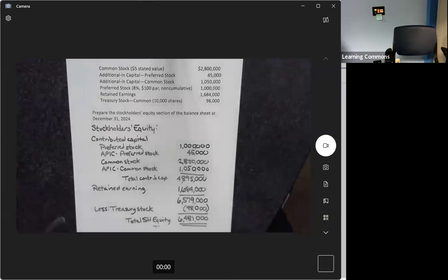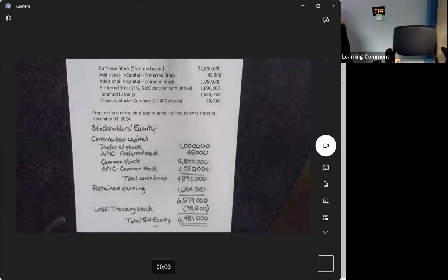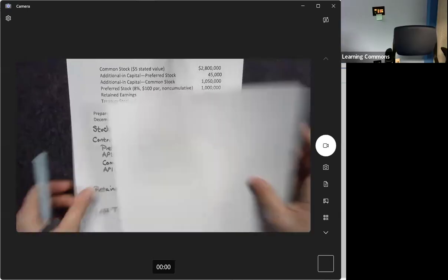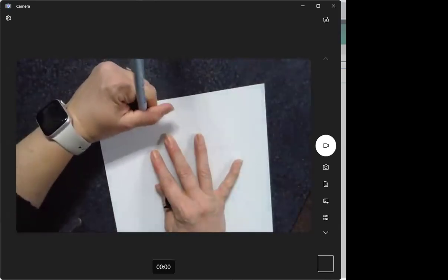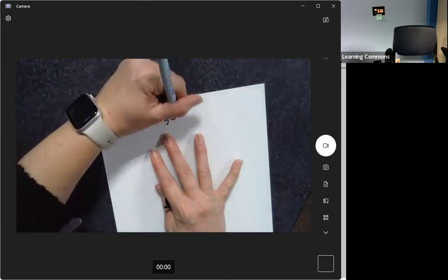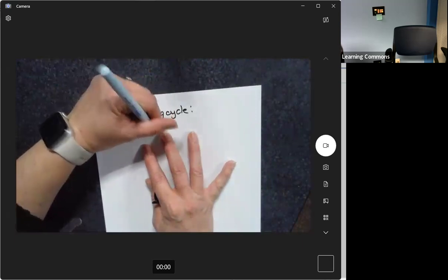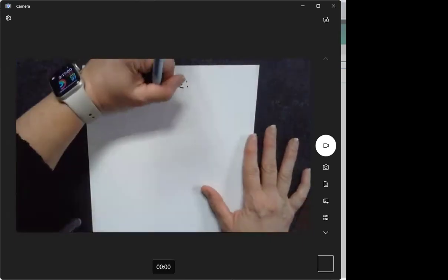Thinking back to chapter 2, when we first started looking at the accounting cycle, remember, we started looking at the steps in that accounting cycle. That's actually a great thing to review here real quick. Remember, looking at the accounting cycle, we start with the journal. The journal is that first step in the accounting cycle.